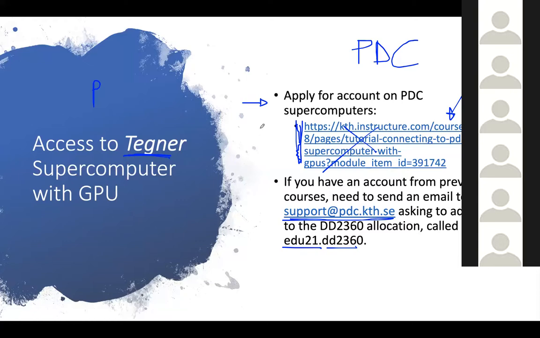So if you don't have a PDC account, it is strongly recommended to get an account to Tegner, even if you have some local GPU, because it might be useful from time to time to have one more GPU system in case something goes bad. So strongly recommended to ask for a PDC account so you can access the supercomputer.